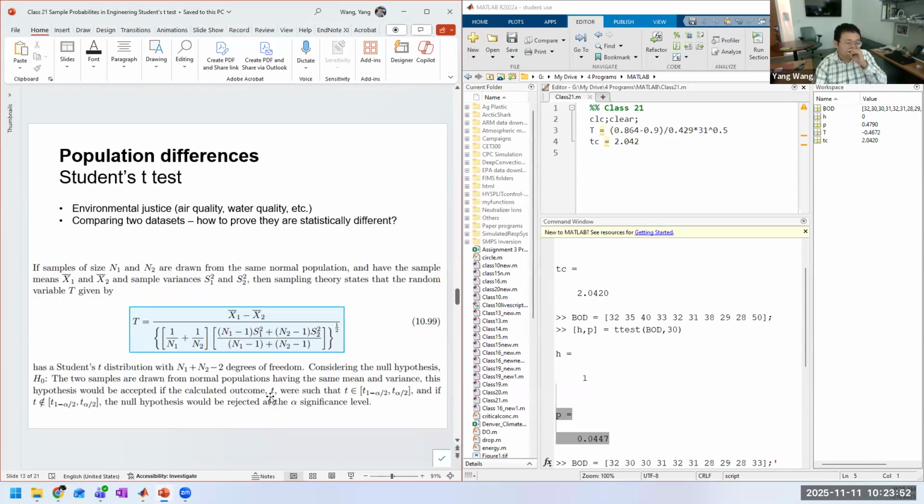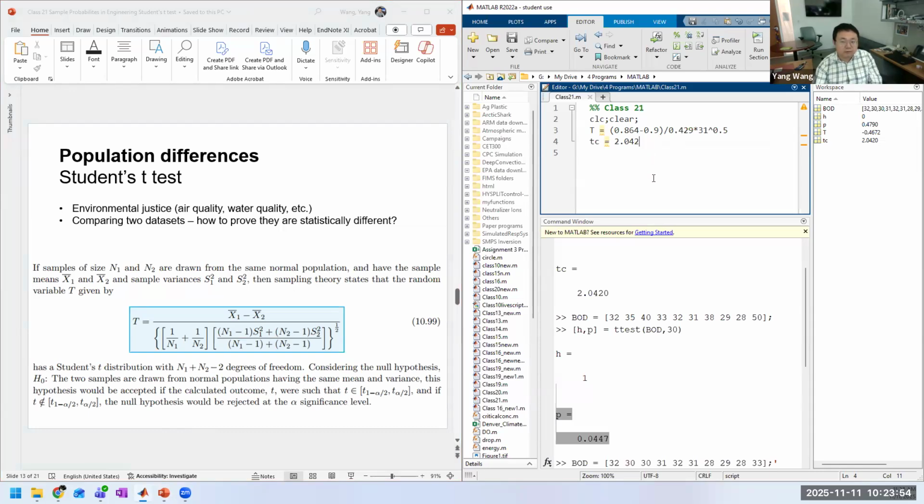So the next thing is that right now we have a sample and we're comparing it against the population, but there could also be a scenario where we're comparing two different populations. The scenario could be, let's say we have two rivers, and the factory is discharging pollutant into one river, and the other river is just a branch of the previous river.